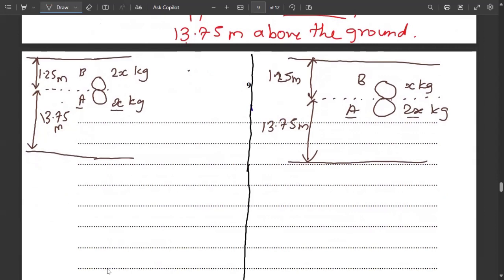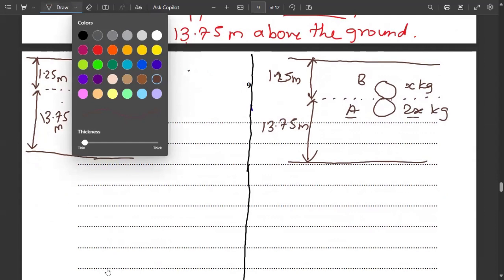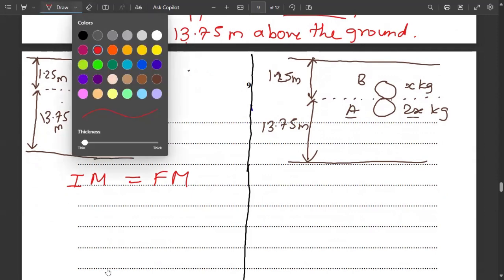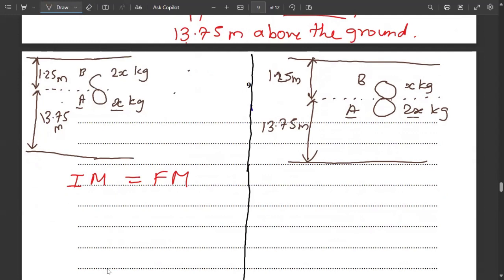What will we solve? We will solve initial momentum equals final momentum for this. Now what do I mean by that? Initially, when A reaches here, A will have some upward velocity, and B, moving down, will have some downward velocity.